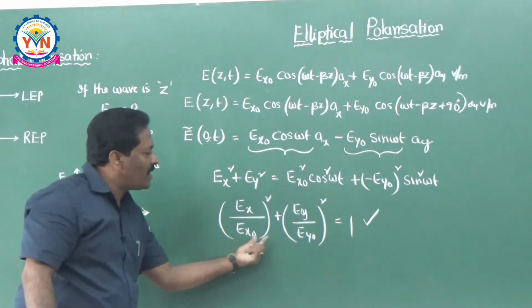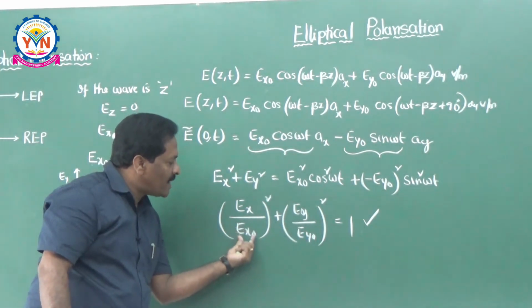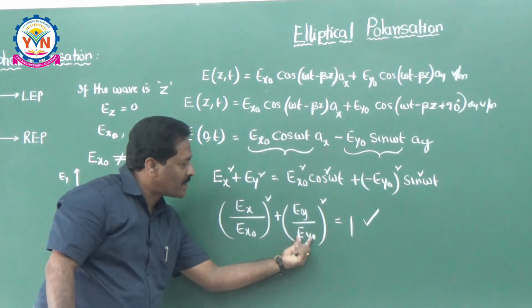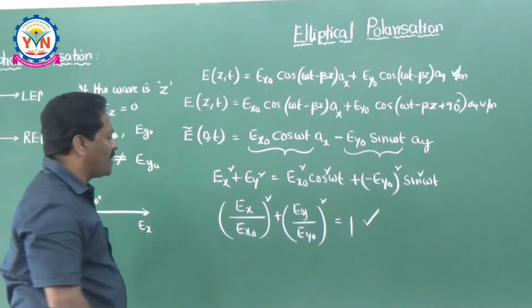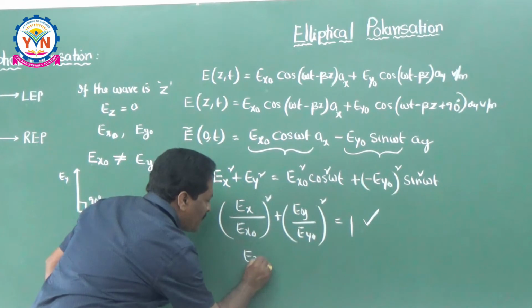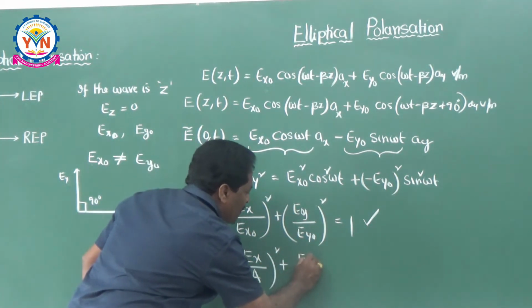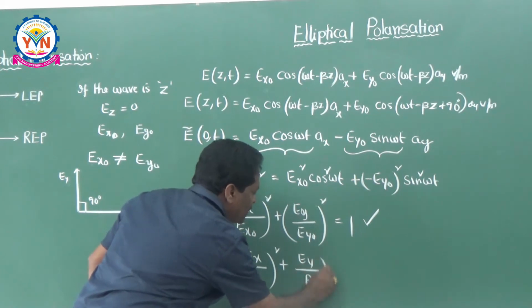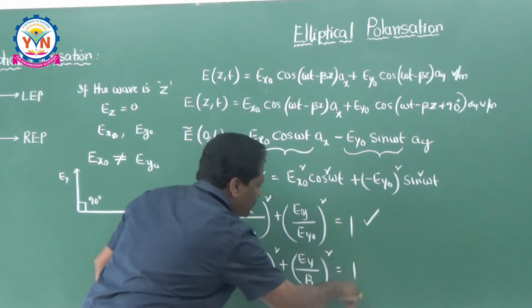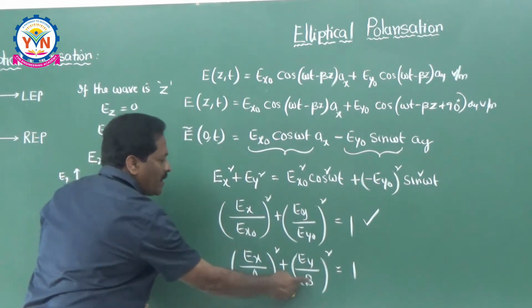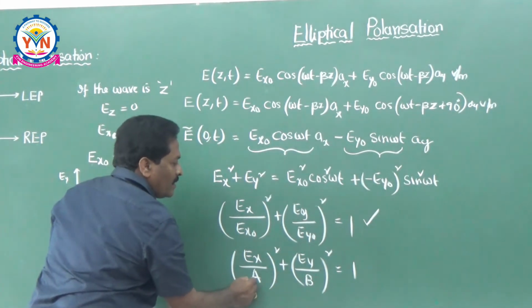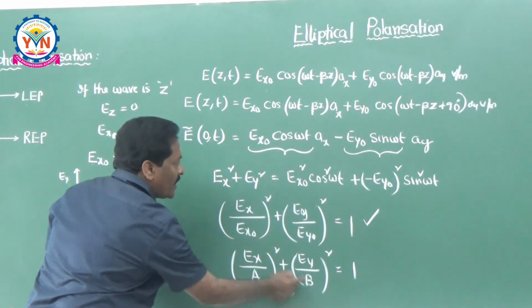Here Ex naught and Ey naught are the x intercept and the y intercept. Generally in mathematics, you will see this as x by a whole square plus y by b whole square is equal to 1. This a and b are nothing but the intercepts on the x-axis and y-axis.